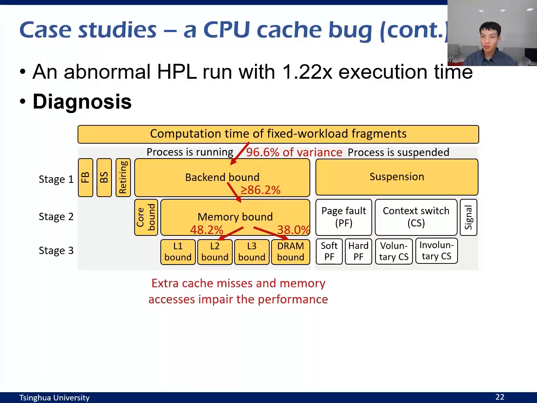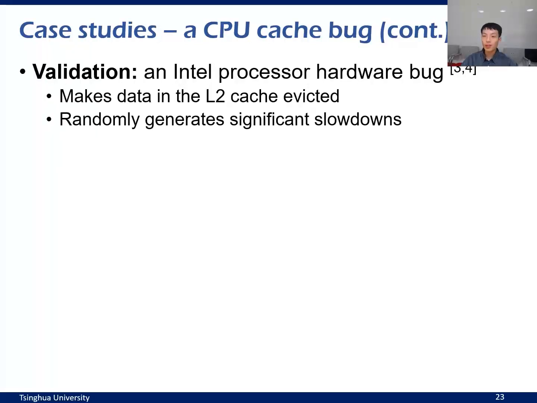This shows extra cache misses and memory impaired performance. To identify the underlying reason, we did more evaluations and found this variance matches a severe Intel processor hardware bug related to the level 2 cache. This hardware bug makes data in the level 2 cache frequently evicted and generates random but significant slowdown.